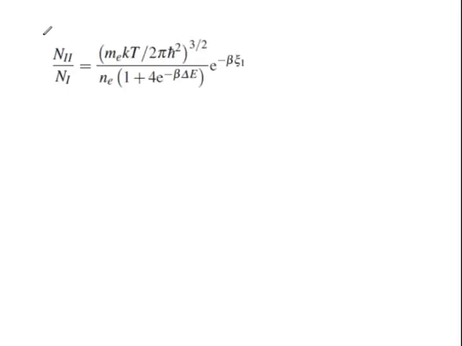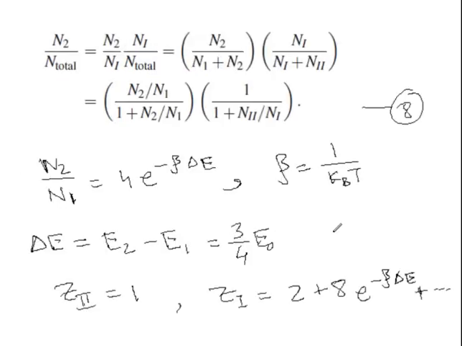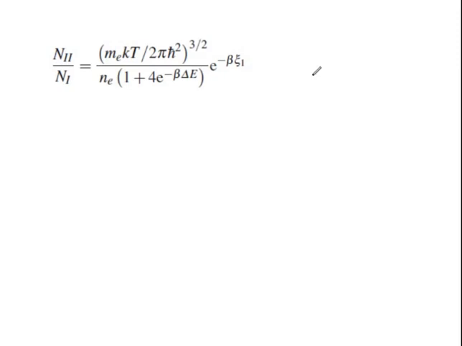Now, using these relationships we can write this ratio here. Yes, this Z1 is equation 9, and here this is equation 10.